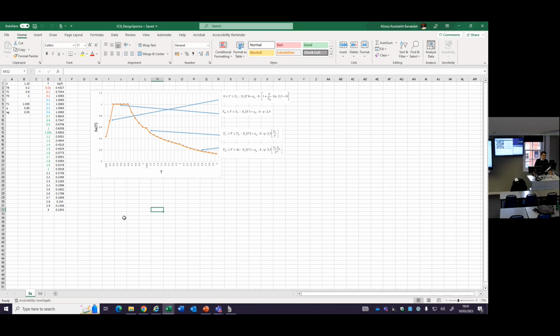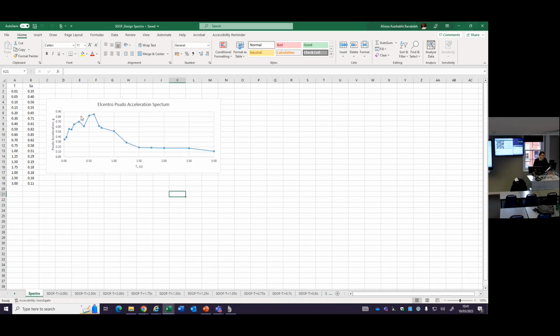It is already on the Moodle, and I will leave them for the next week, but I just want to show you the shape of the figure. This is the shape that the Eurocode proposed to engineers. So if you see what we have got from El Centro, it's this one.